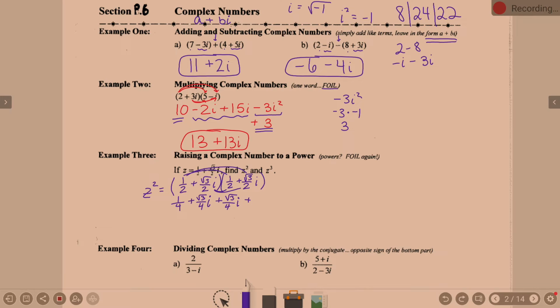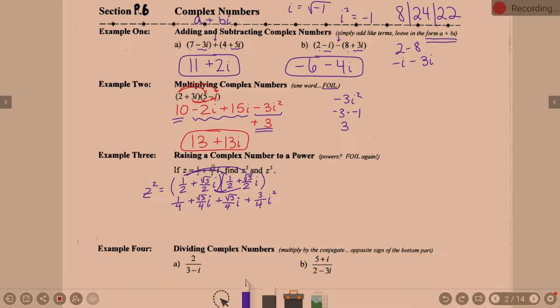Square root of 3 times square root of 3 is 3. 2 times 2, 4. i times i. I'm going to write i squared for the moment. But we're not going to leave it as i squared, right? When we're working with imaginary numbers, I should never see i squared in your answer. Okay, ever.